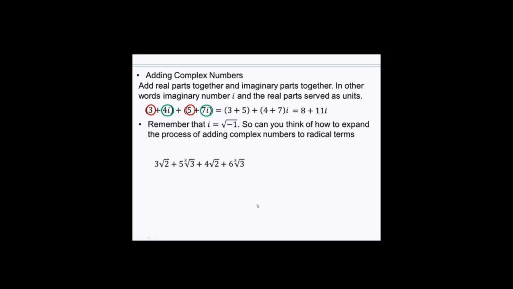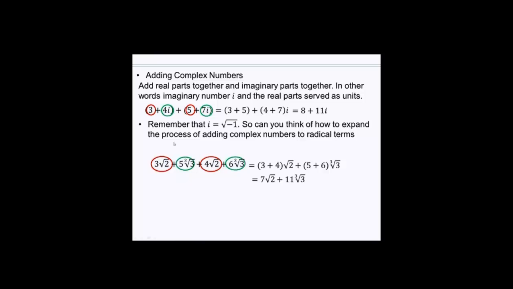What if you ended up with these terms added together? Because of the commutative property and associative property of addition, we can combine like terms together. You can see square root 2 is like a unit then. So I can add 3 square root 2's and 4 square root 2's and 5 cube root 3's and 6 cube root 3's together to end up with 7 square root 2's and 11 cube root 3's.